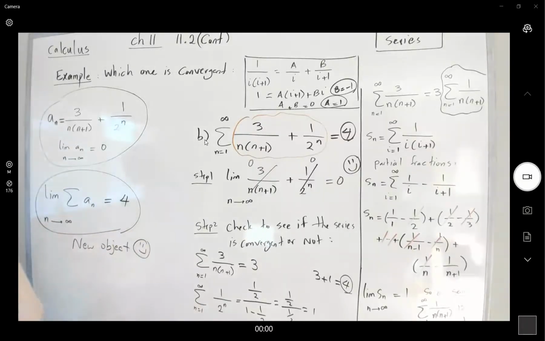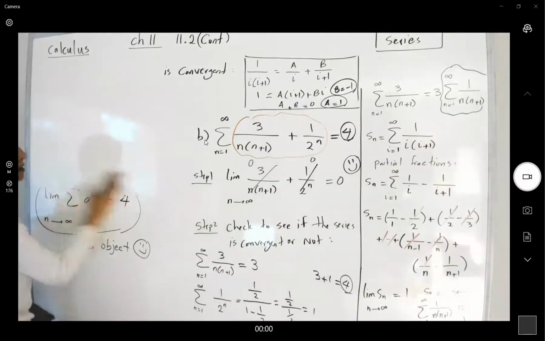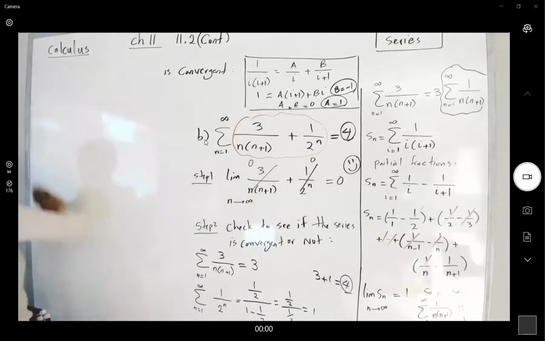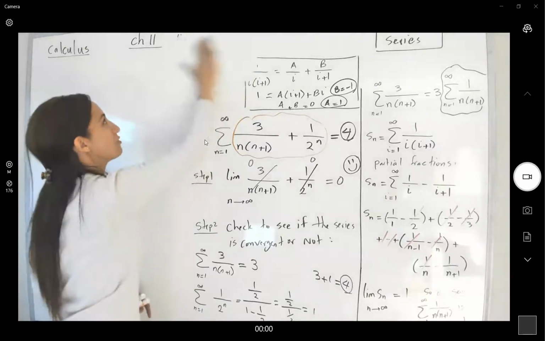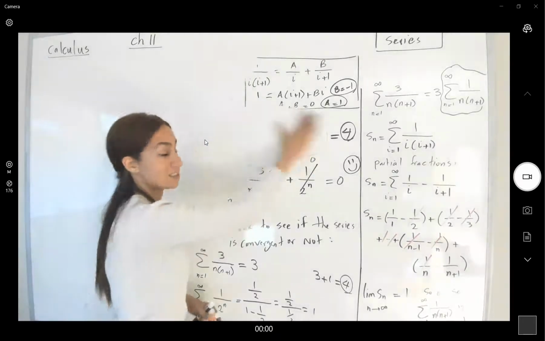Very well. So let's give us more techniques. We're going to connect series and integrals. Use the integral to check to see if we have a convergent or divergent series.